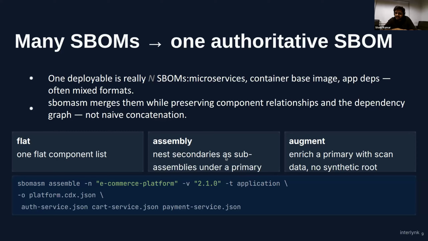Whereas in the assembly merge strategy, the input SBOM primary components are placed under the newly created primary component as subcomponents, and all their components are present in the component section. Augment is a bit different. This is not a merge, but a top layer, where you can enrich your primary SBOM with additional data, like a vulnerability VEX document, or whatever data you can add.